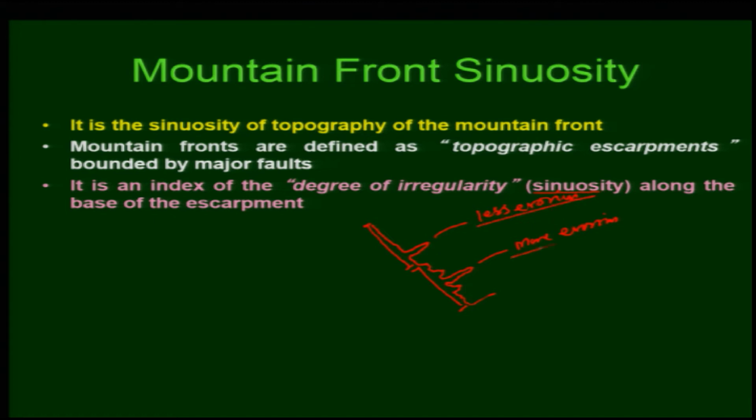So, this means that this area has remained active, but this area has remained inactive and was subjected to more erosion. That one can also interpret based on the degree of irregularity, or the sinuosity, of the escarpment.